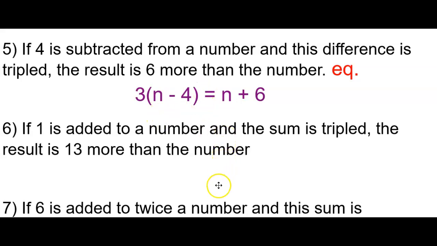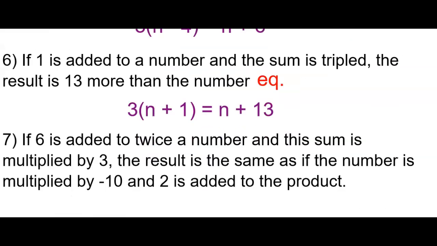Number 6 is a similar setup. It says if 1 is added to a number and then that sum is tripled, so n plus 1, and that's being tripled, so the 3 is going to go in front as well. And all of these are saying a result, so they're equations. And finally, number 7. This one had a lot going on.